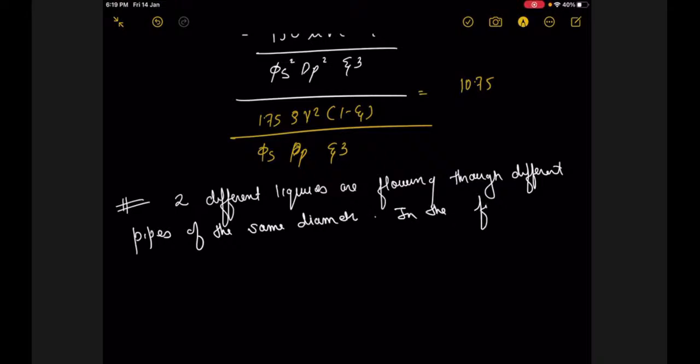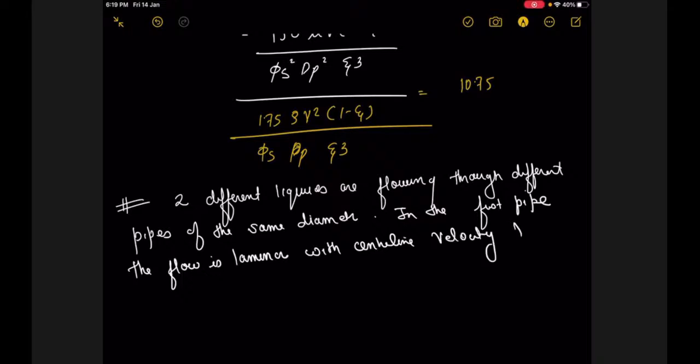In the first pipe, the flow is laminar with center line velocity V max 1.